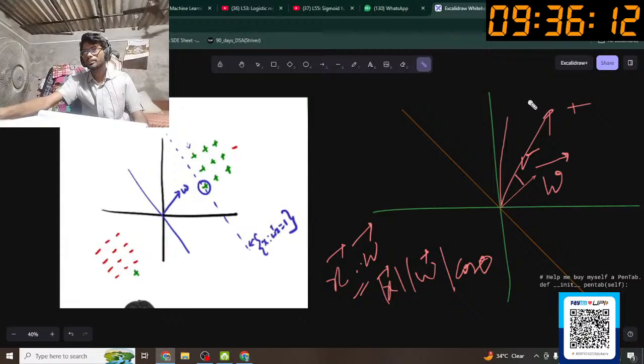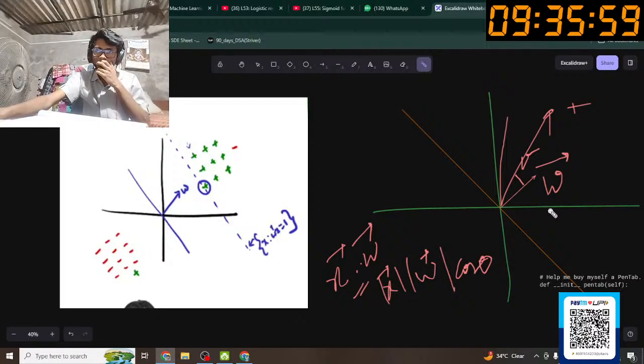So any data point lying in this region will form an acute angle with this w, and thus the dot product will be positive. You can easily figure out that the dot product will range from a very minute positive quantity to a huge quantity, because these two magnitudes will scale it.